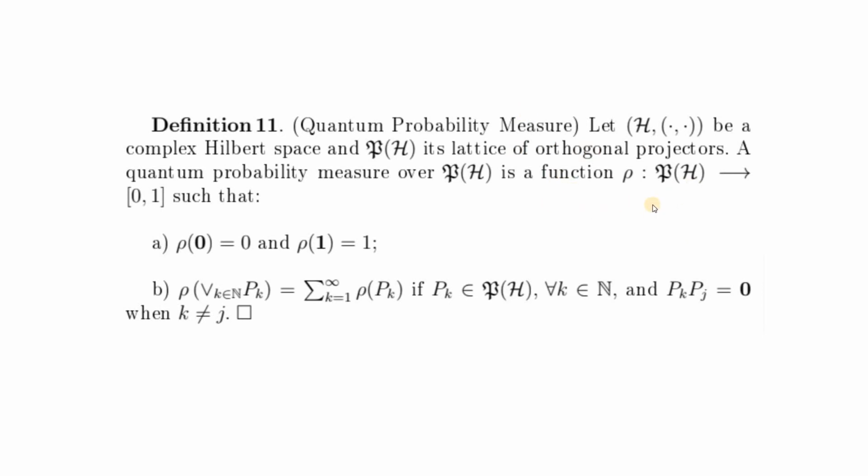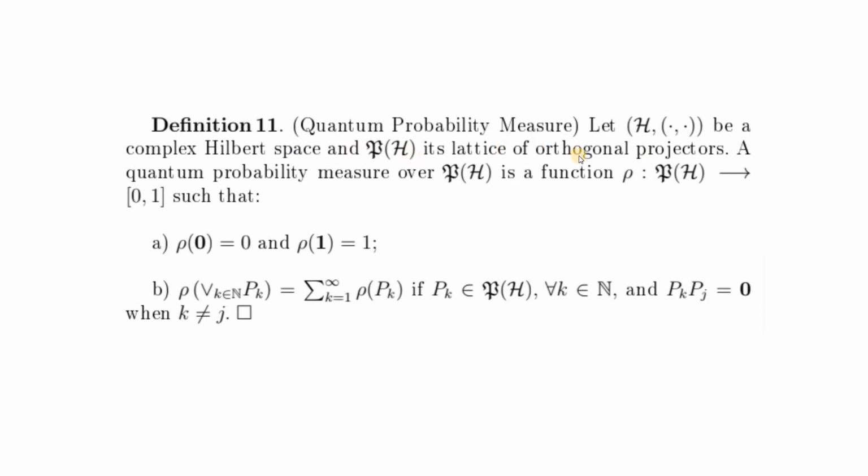So, we now define a quantum probability measure on that lattice, and we define it in the way we described it before.